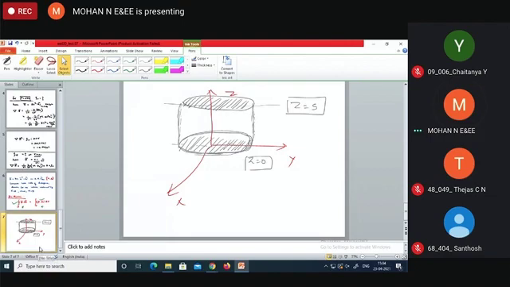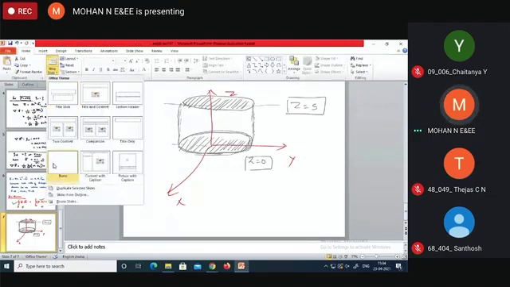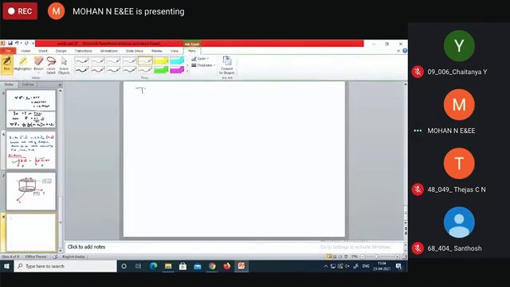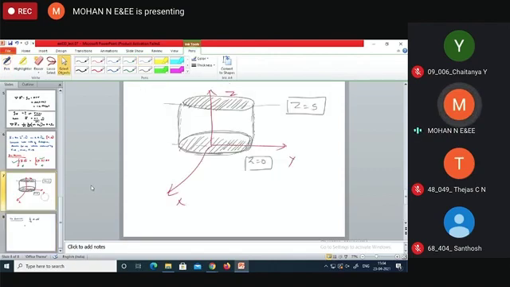Now let us move forward to evaluate the closed loop surface integral of A vector dot dS vector. How many surfaces do you find in this cylinder?